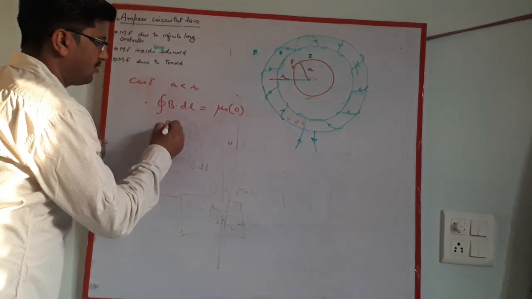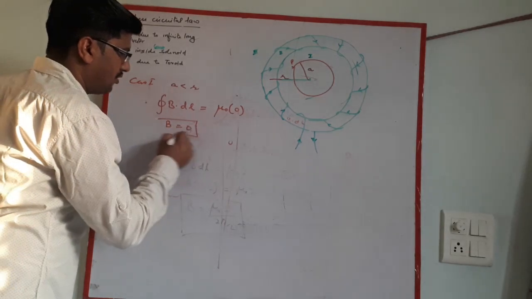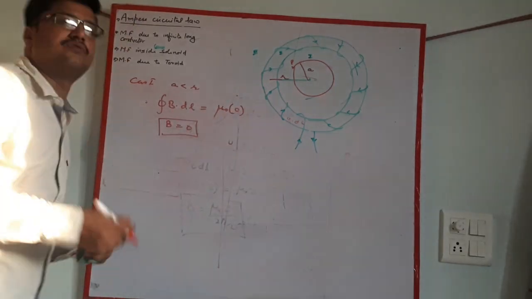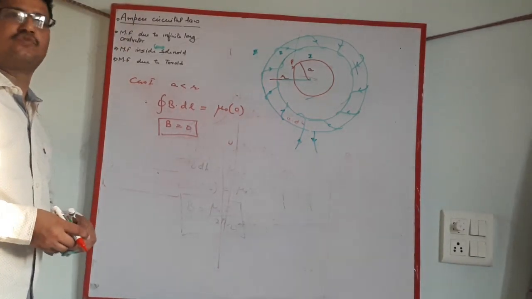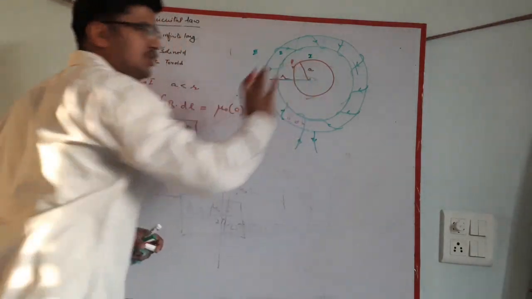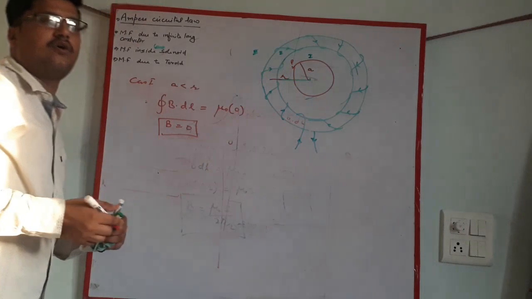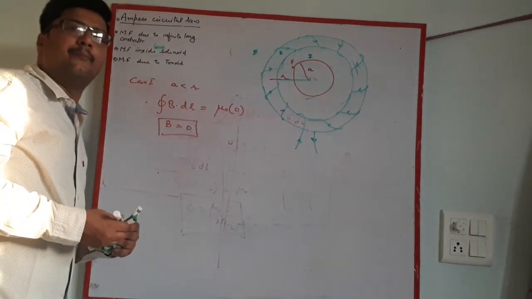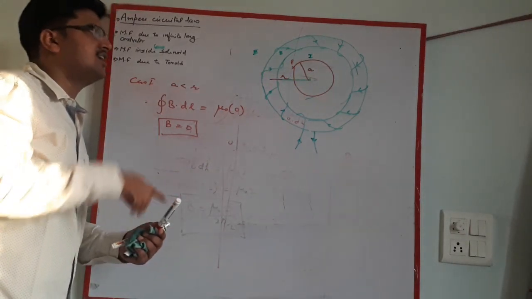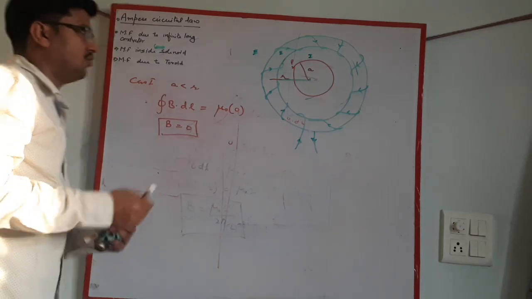So B is equal to 0 because no current flows through the loop. So the magnetic field here is 0, because the whole current is outside of the empirical loop. The current through the empirical loop is 0.